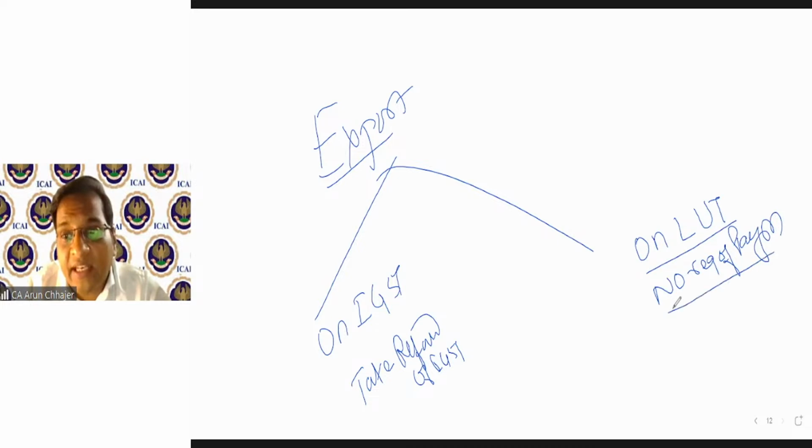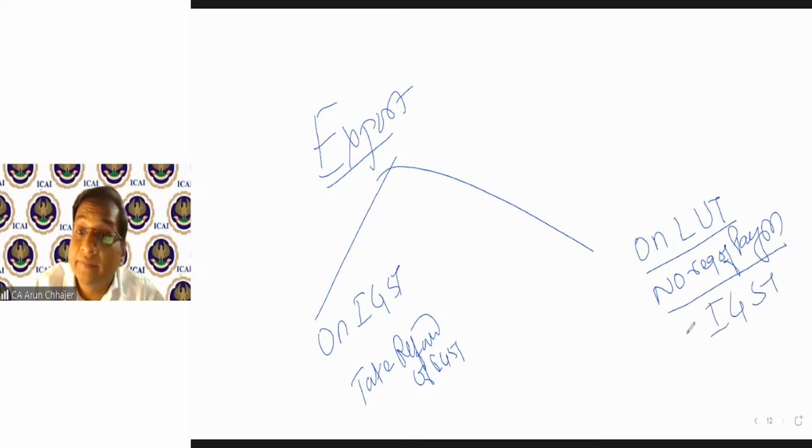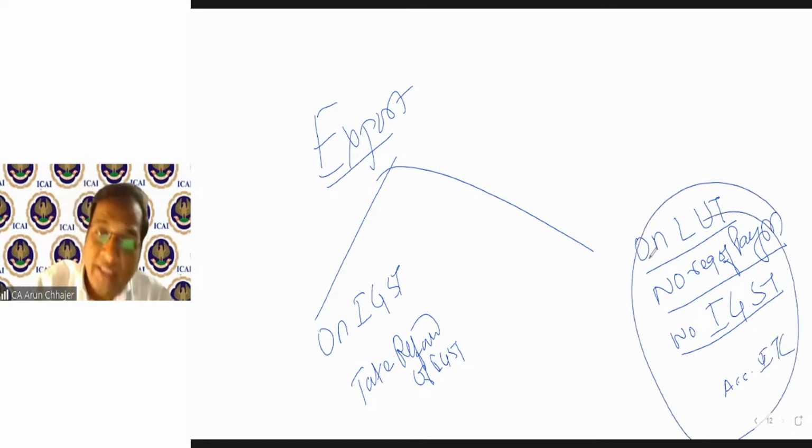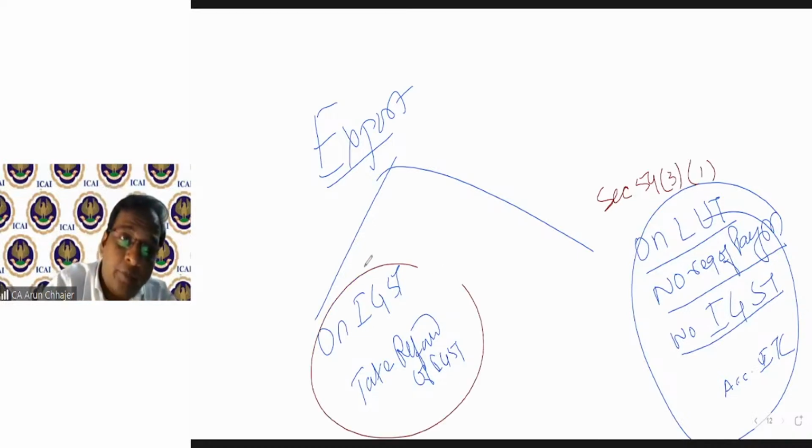If you have furnished a letter of undertaking and you are not required to pay the IGST, then also you can take the refund of accumulated ITC. This provision has been given in section 54, subsection 3, clause 1, and this particular provision has been given in rule 96.